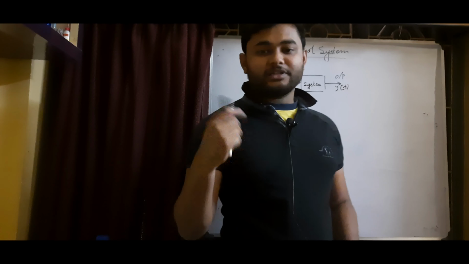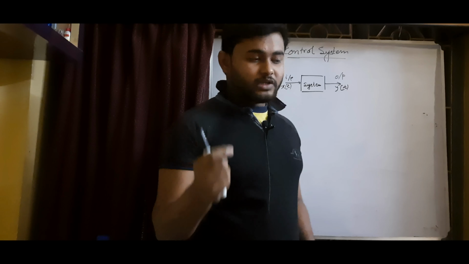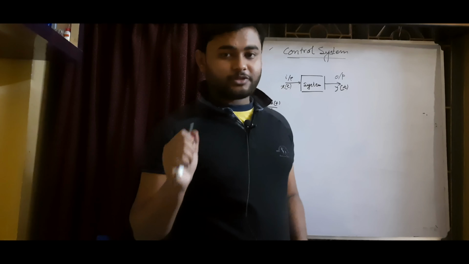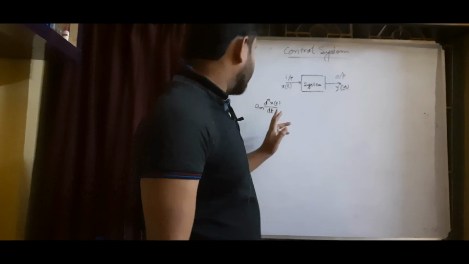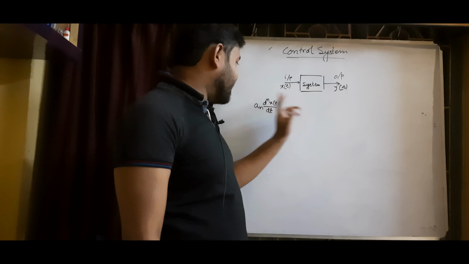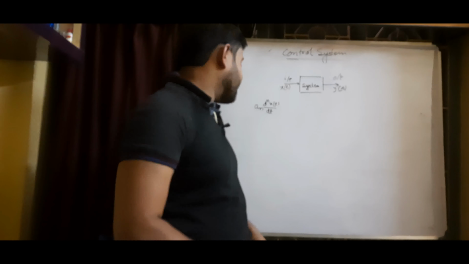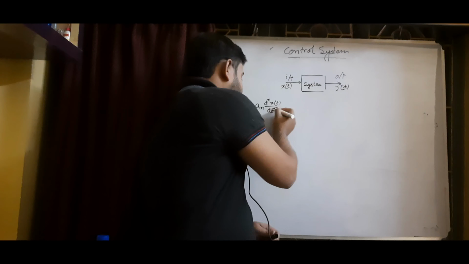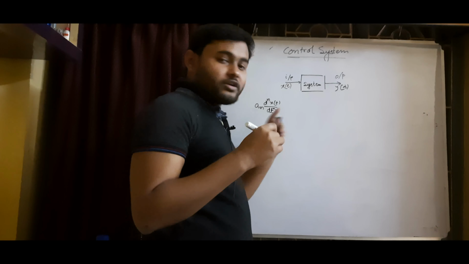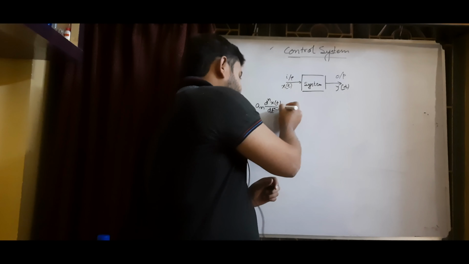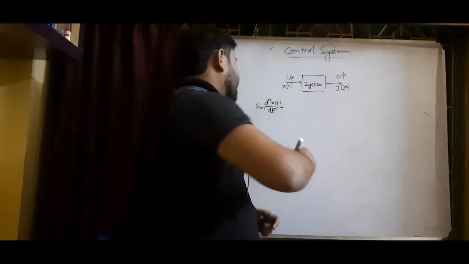Until and unless I mention the name of the variable, always consider the differentiation is with respect to time. So the nth differentiation of the variable x(t) is the time differentiation of the variable x(t), and n is the order of the equation or order of the differentiation.